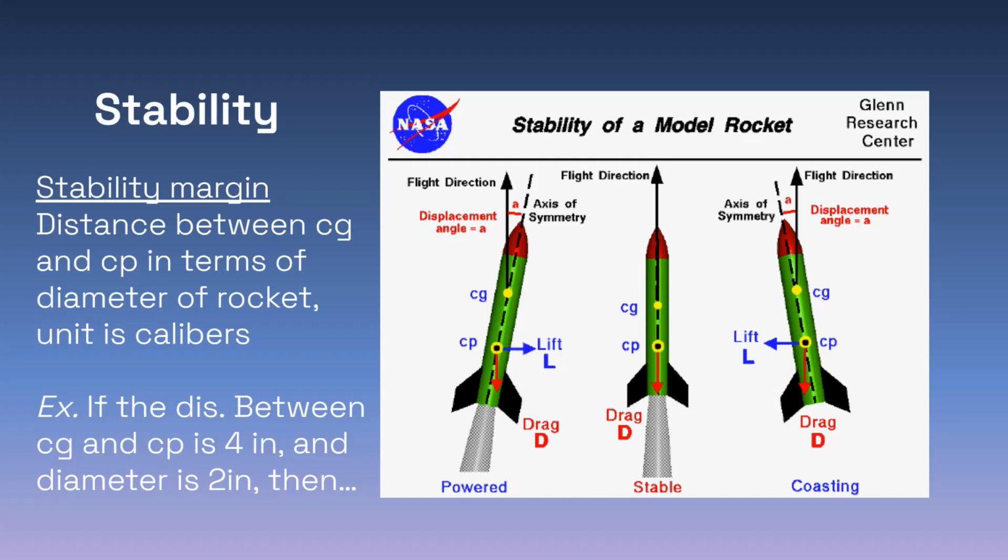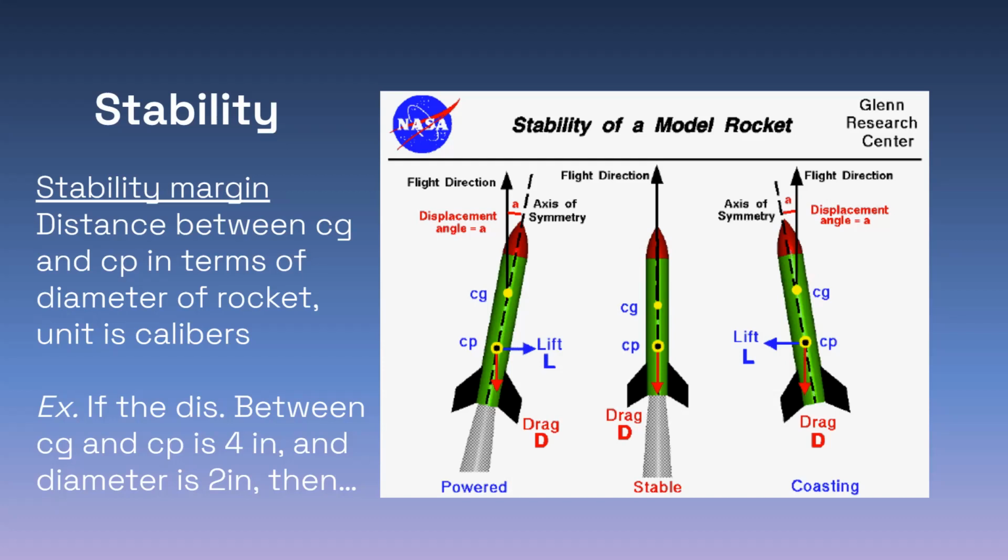The bad thing about having too high of a caliber of stability is that it will overcompensate too much. If we think of the rocket, looking at this diagram, as a seesawing object rotating around the center of gravity, the fins will swing left and right based on the forces acting on it.